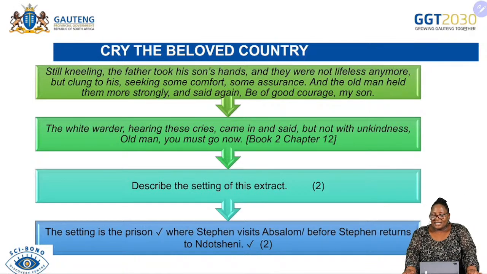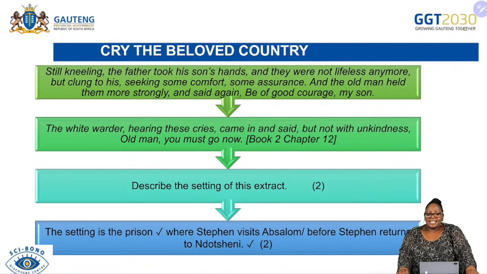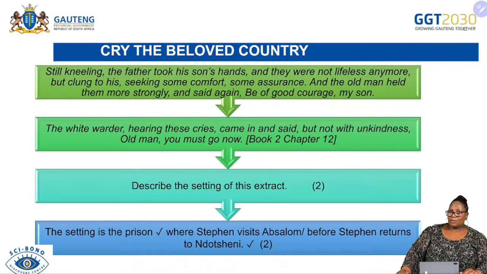And the father indeed encouraged his son and said, "Be of courage, my son." When the white mother heard the sniffing and the cries, she came and said the old man must go now. But she was not unkind. She was feeling for them.